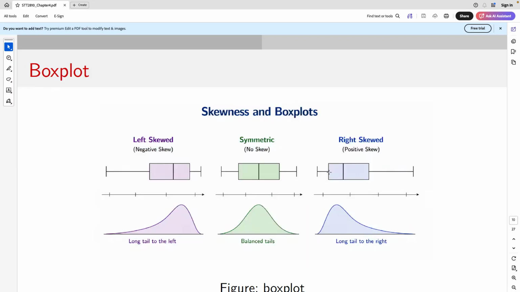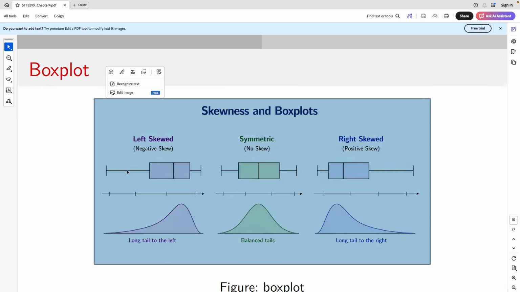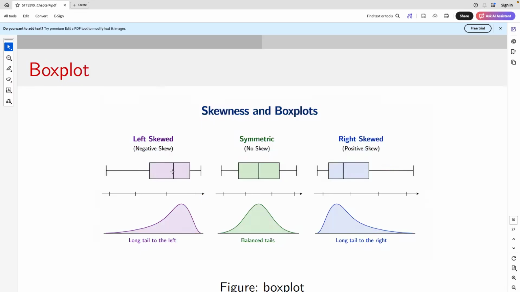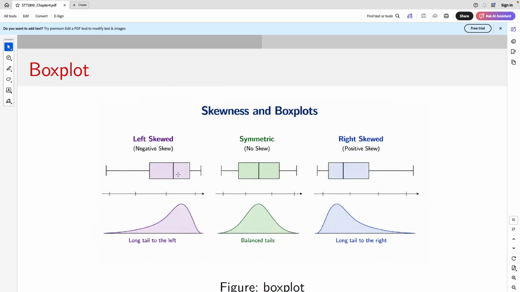That should tell you it's right skewed. And then for left skewed, you see the tail is longer towards the left, or this side too is longer than the right side. So regardless whether the box plot is horizontal or vertical, you are expected to be able to tell whether it is symmetric or right skewed or left skewed.